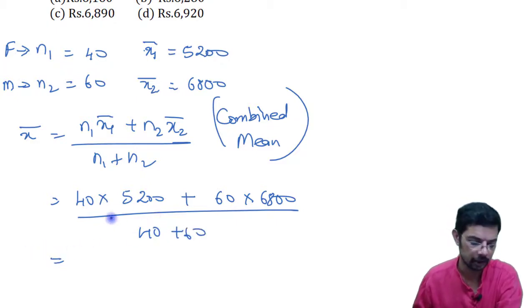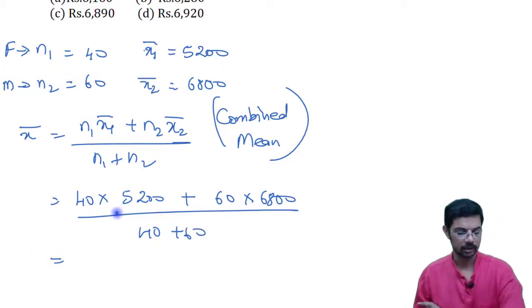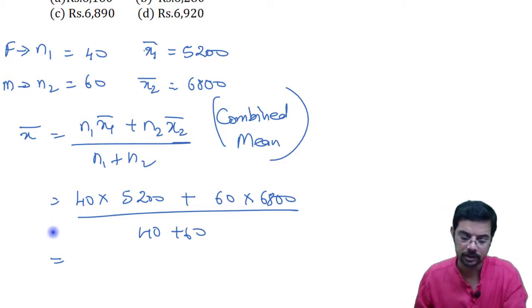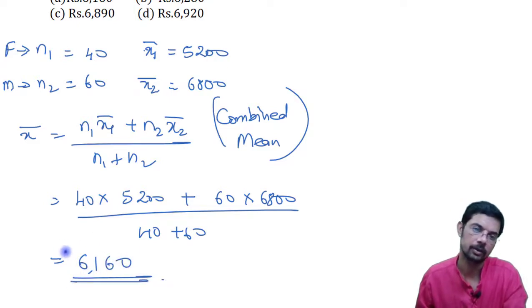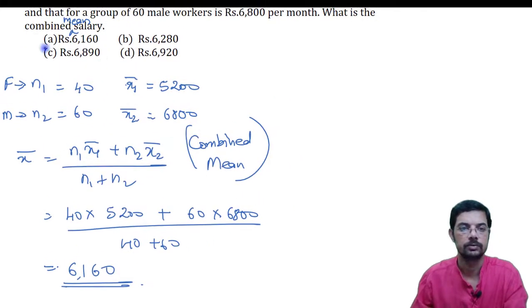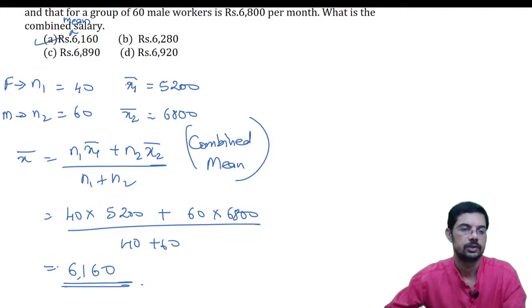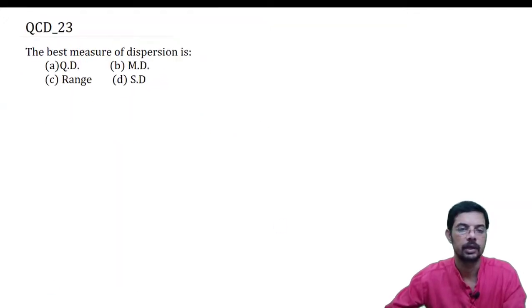We can further calculate this, and what we get here is 6160. So x bar is equal to rupees 6160. This is your option A, 6160.